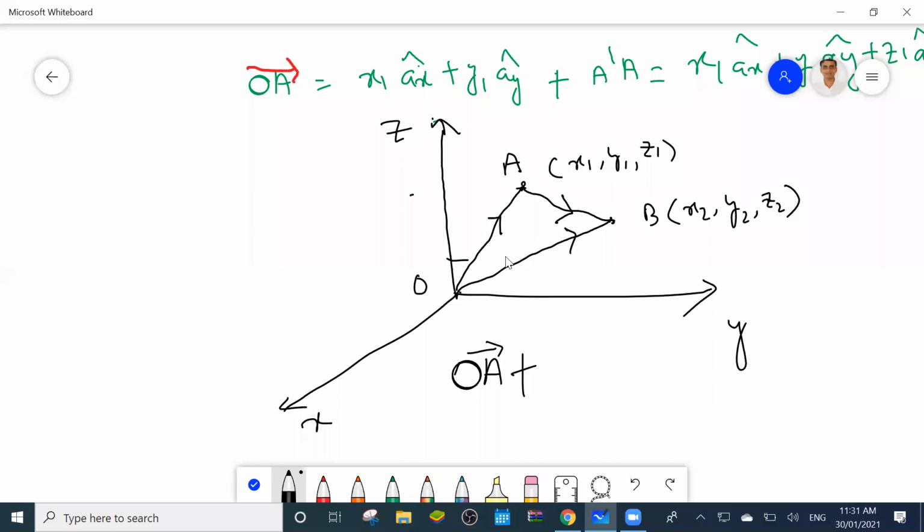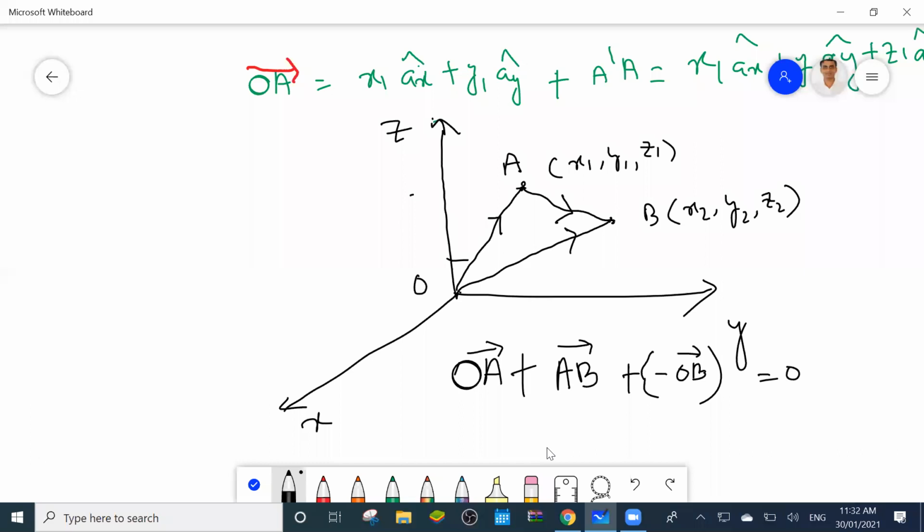So you apply vector addition: OA plus AB plus minus OB equals 0. This is the triangle. OB is in the opposite direction, that's why.